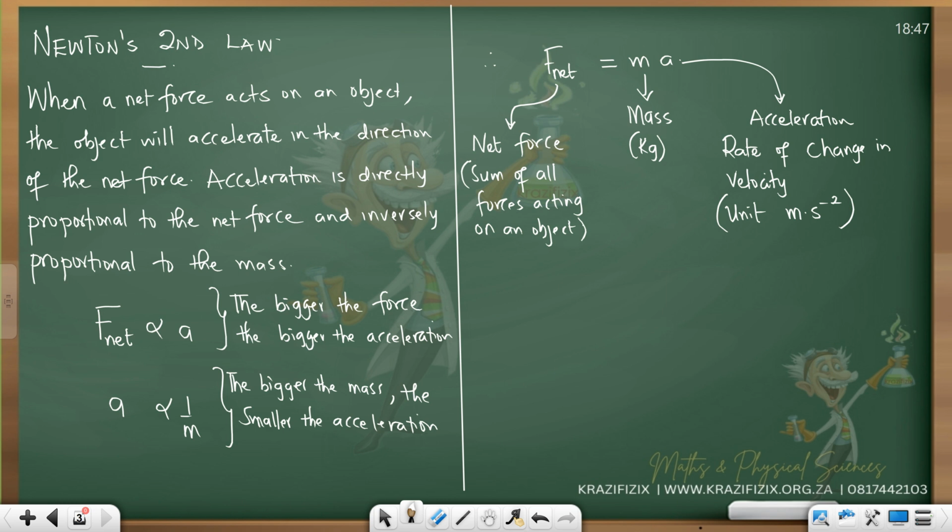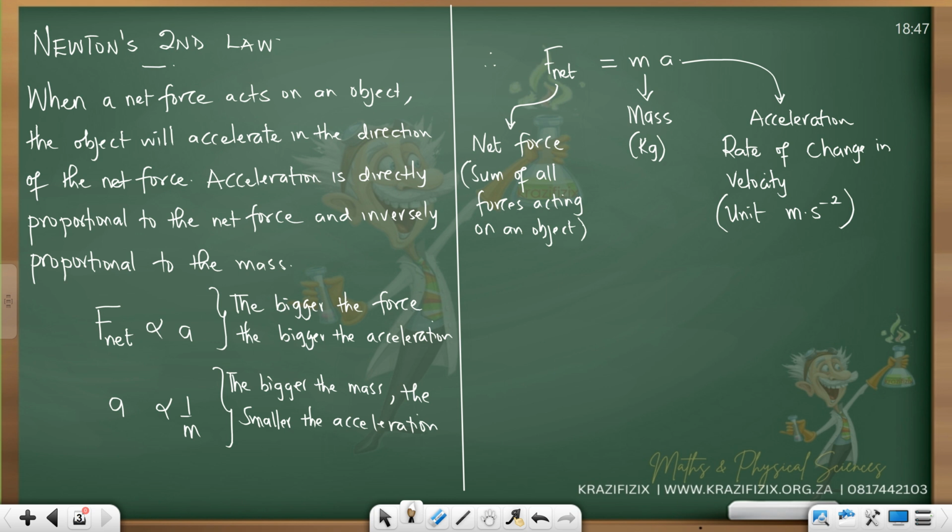It's like pushing an object with so much force, the object is going to move quickly, right? Yes, sir. And it's inversely proportional to the mass. It is easier to push a light object than to push a heavy object. Our formula would be F net equals ma.